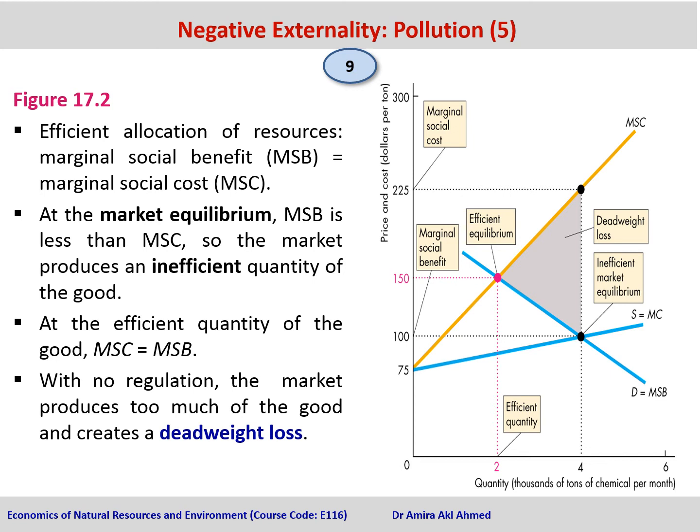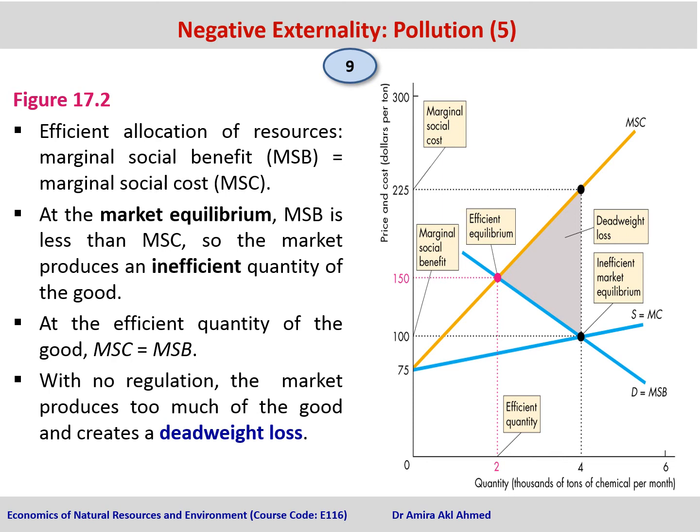Market equilibrium occurs when the quantity demanded equals the quantity supplied. In this figure, the equilibrium price is $100 and the equilibrium quantity is 4,000 tons of chemical per month. However, this equilibrium is not efficient, given that the allocation of resources is efficient when marginal social benefit equals marginal social cost.